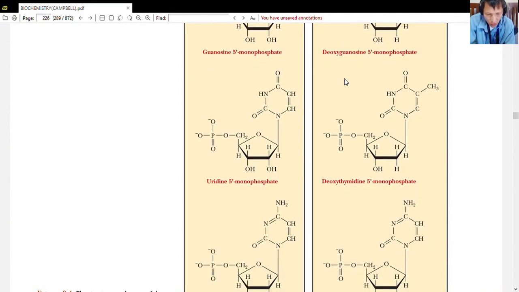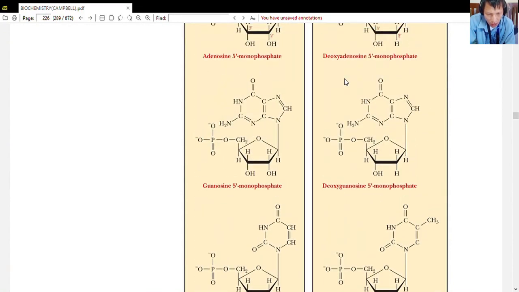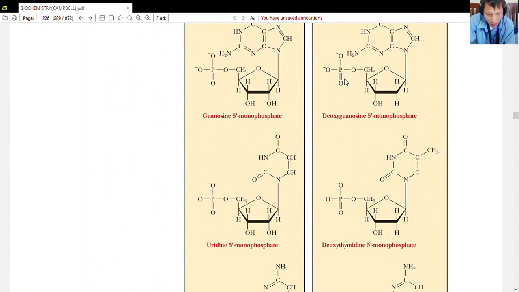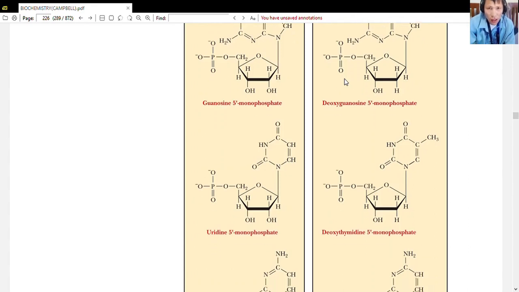So you have your deoxythymidine, your guanosine, adenosine, guanosine, thymine with of course your ribose and your phosphate. These are now the one unit. If you're talking about carbohydrates having the monosaccharides, these are the basic units of your nucleic acid.